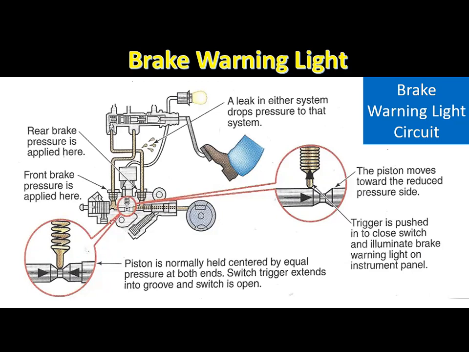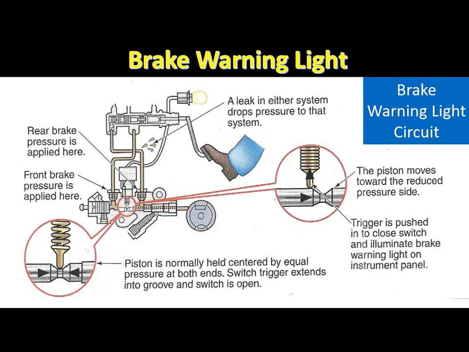If the master cylinder fluid level is satisfactory and both master cylinder pistons supply the same pressure, the piston in the brake warning light circuit remains centered. Under this condition, the brake warning switch is open and the warning light is off.